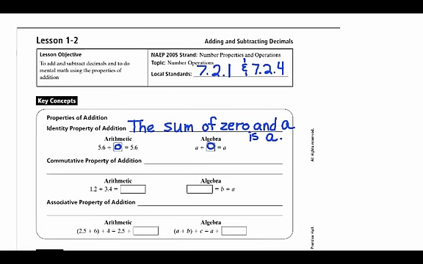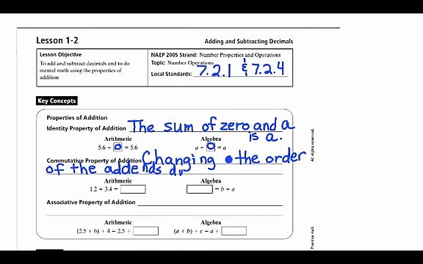The commutative property of addition is simply changing the order of the addends does not change the sum.